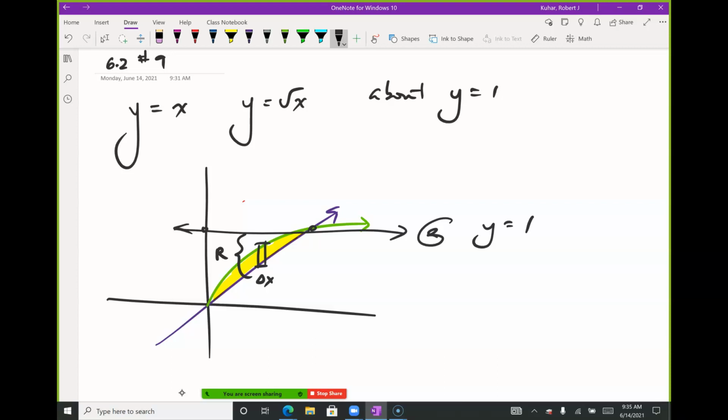And I'm saying to the end of the rectangle, right? So from the axis of revolution to the end of the rectangle, upper minus lower. So what is upper? So 1 minus. Yep, and the lower is 1 minus, the function there is x, right? So 1 minus x.